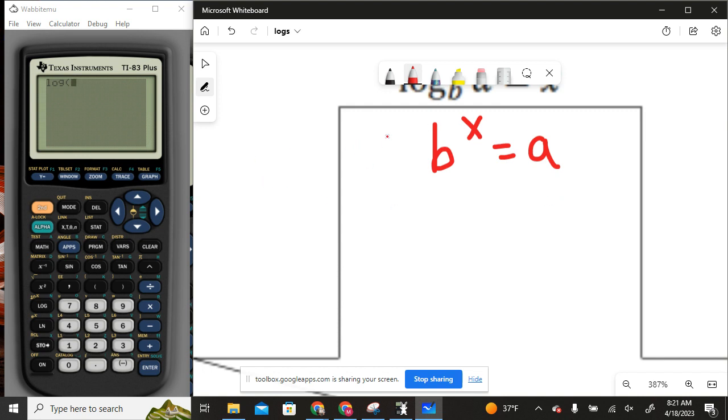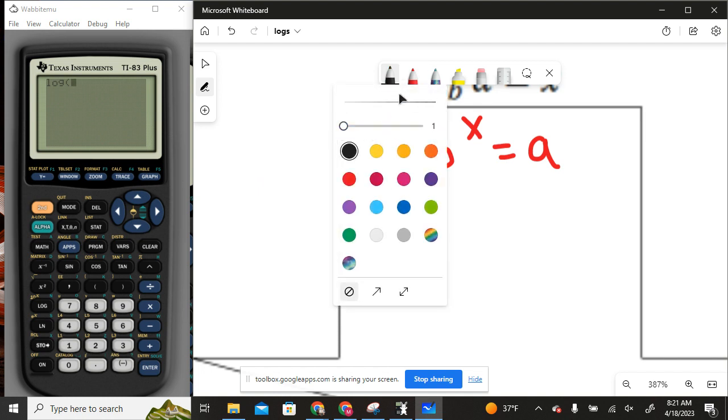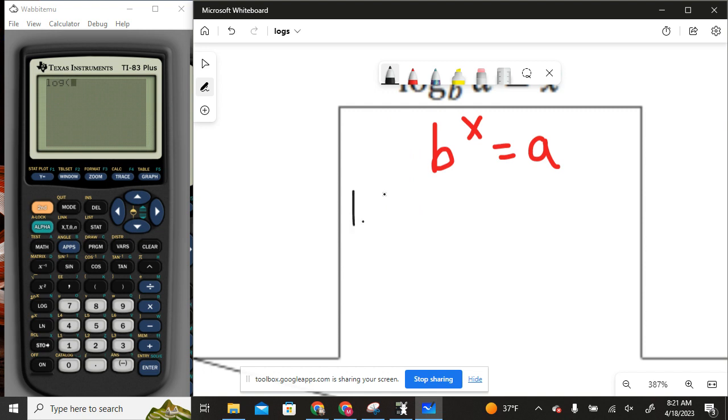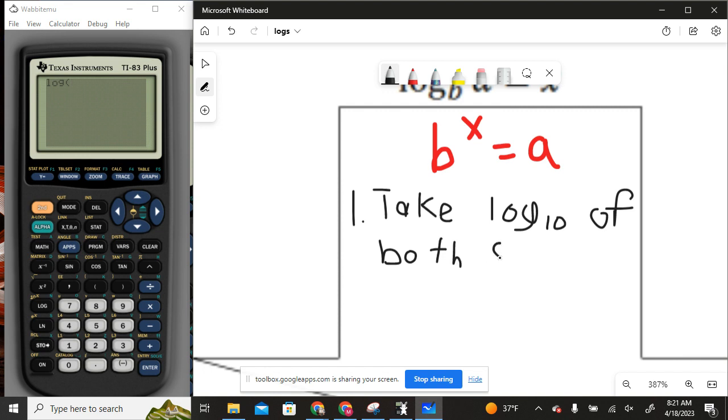All right. First step in this is we are going to take the log of base 10 of both sides. Now, this is going to sound weird the first time you see it, but once we start really getting into doing it, it'll seem a little easier.